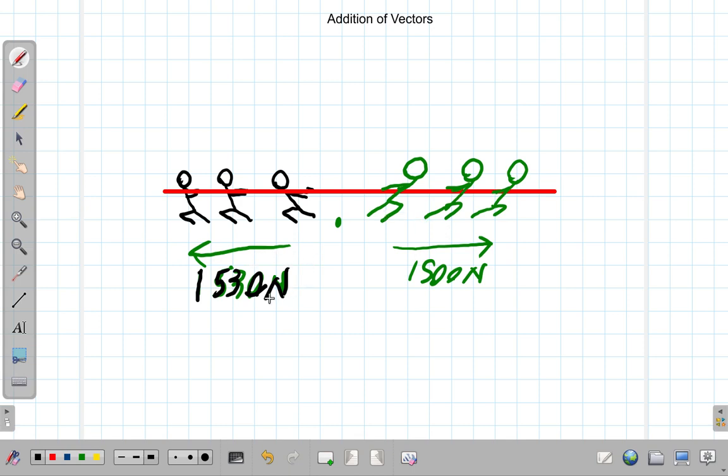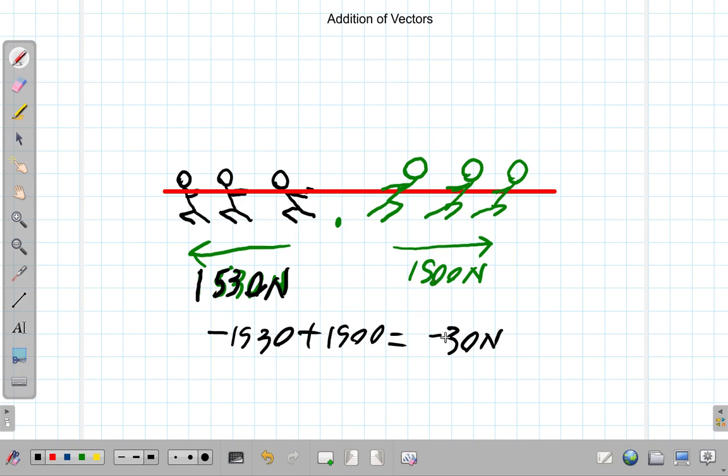So, in this case, what we have is a negative 1,530 because they're pulling to the left, plus 1,500 newtons because they're pulling to the right, equals, when you add them, negative 30 newtons. So, the 1,500 on each will cancel each other and leave 30 behind.